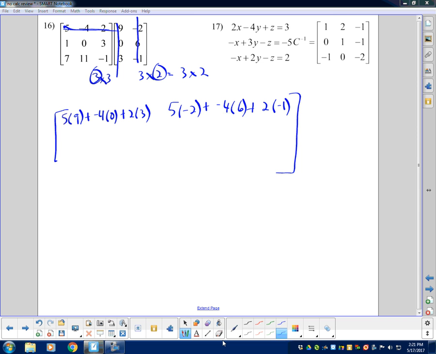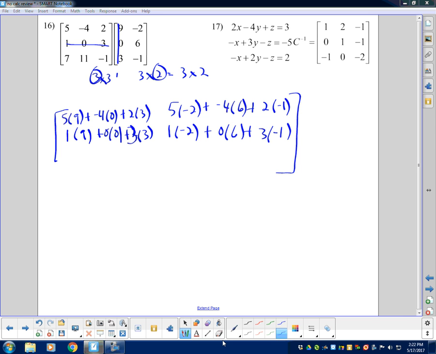The next row, we're going to do the next row times the first column and times the second column. So second row times this. So it's 1 times 9 plus 0 times 0. Notice what's in parentheses is matching up here. 3 times 3, that's 3 right there. And then the next one: 1 times negative 2 plus 0 times 6 plus 3 times negative 1.